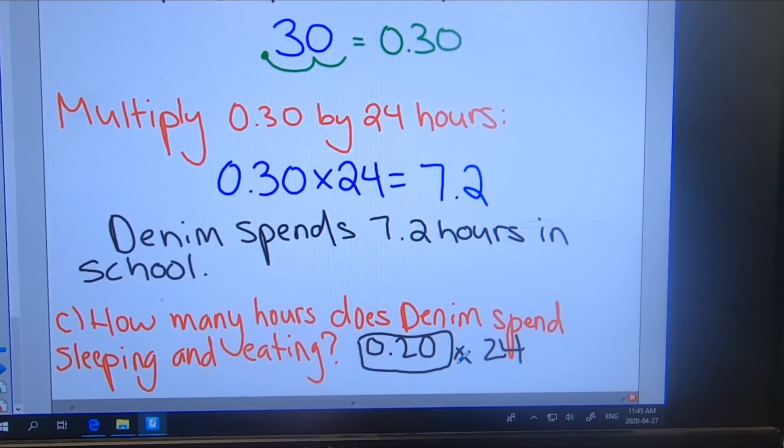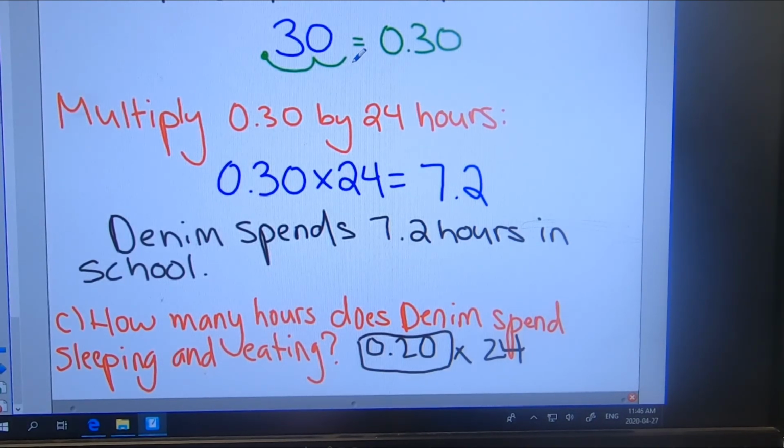Okay. Now, another interesting way to look at this problem is if we look here, we had 7.2 hours for school, and we had 12 hours for his video games, which would give us a total of 19.2 hours, which means this would just be the difference between the two of them. But either way, you could do it whichever way you feel like.